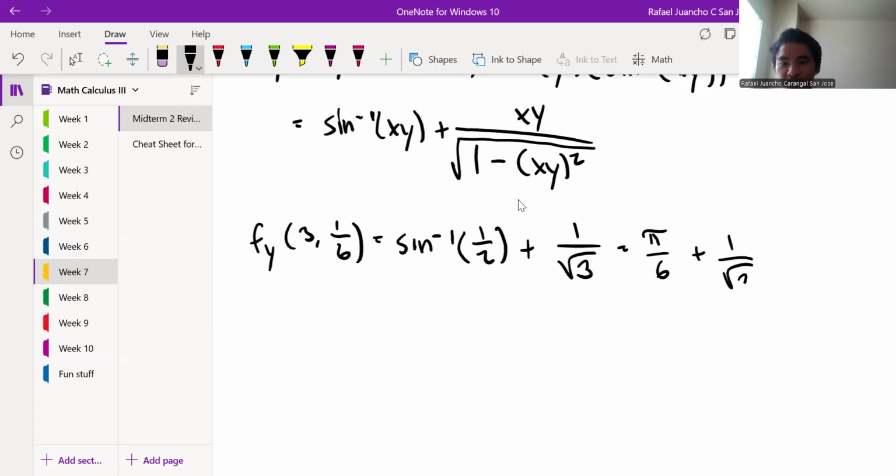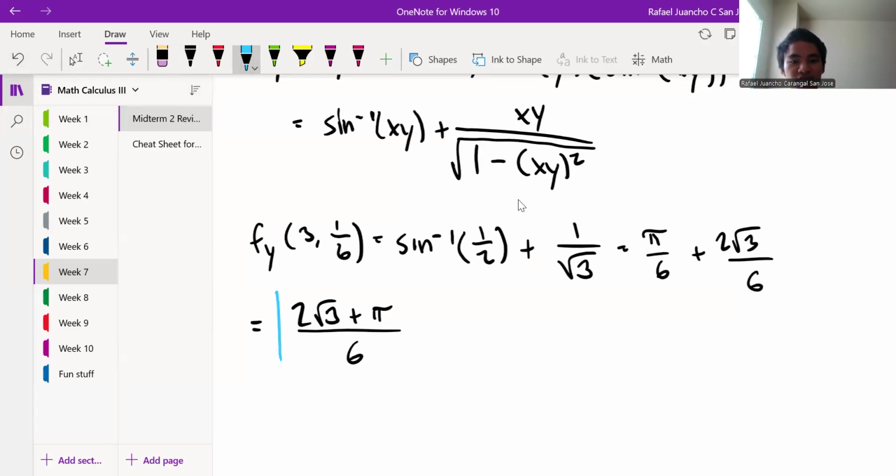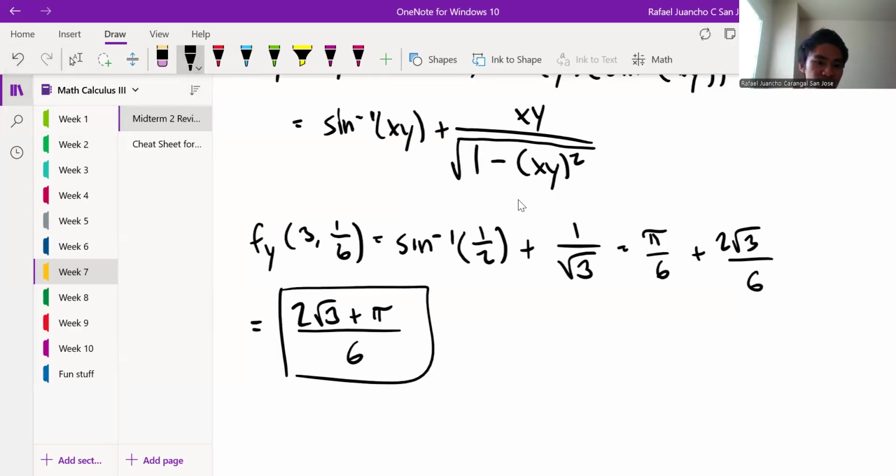And I get this thing. Now, another way I could have rewritten this was I could say this is square root 3 times square root 3. This gives me this. Multiply it by 2, I get 6. I get 2 square root 3 plus pi over 6, which I think is the simplification of that whole thing. So that's the slope of that line.